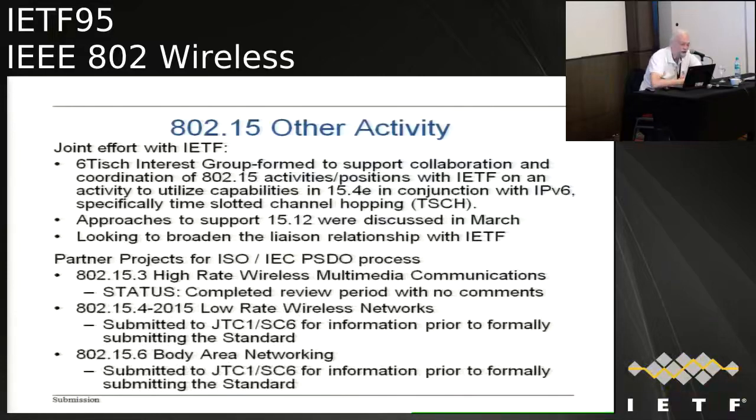And so we have these three right now, 15.3, high rate wireless multimedia communications. So apparently that's not too controversial. The 15.4 roll-up for 2015 submitted to JTC1, Joint Technical Committee 1, from SC6. So I think that means they're looking for a review from that group. And then I mentioned before that body area networking is also submitted. I think Dorothy wants to say something.